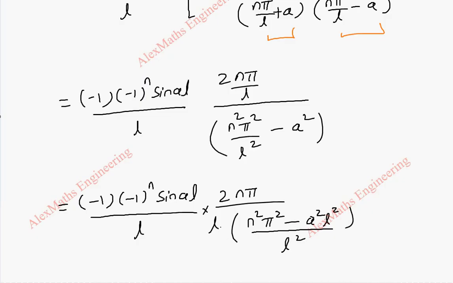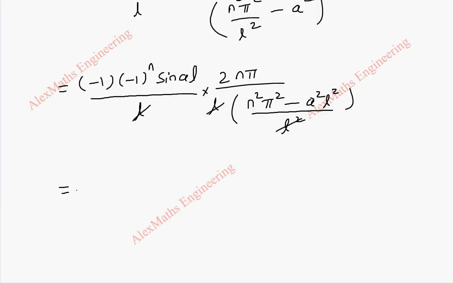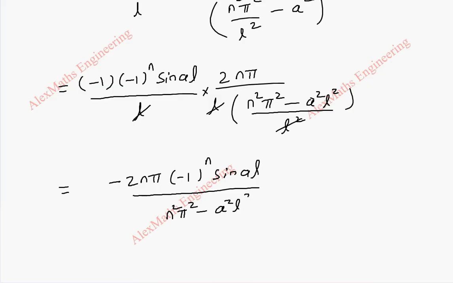So after this L and L become L square, we can cancel with this. So the terms left out is minus, we can keep 2n pi and minus 1 whole power n into sine AL in the numerator and whole division by n square pi square minus A square L square.